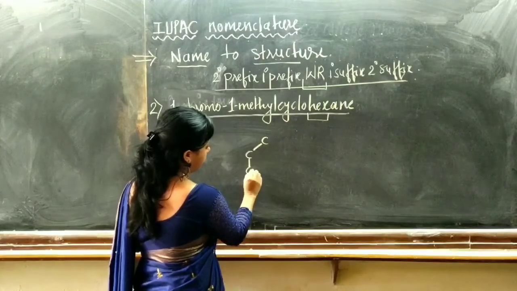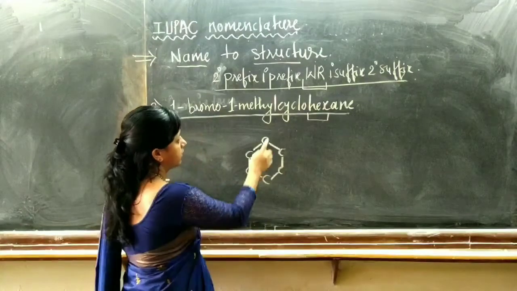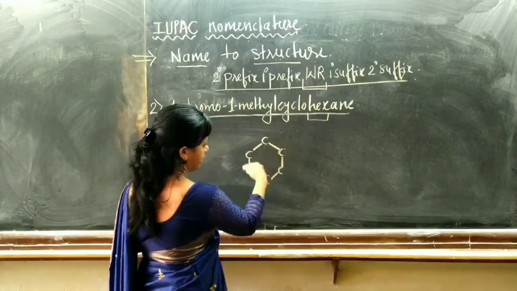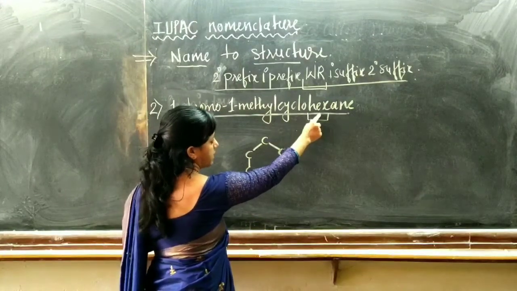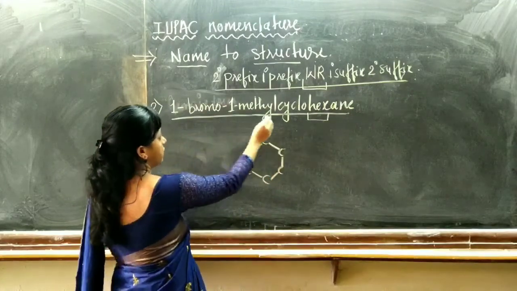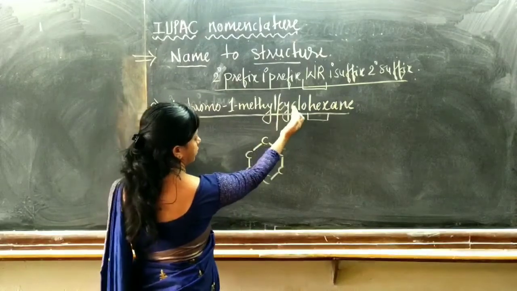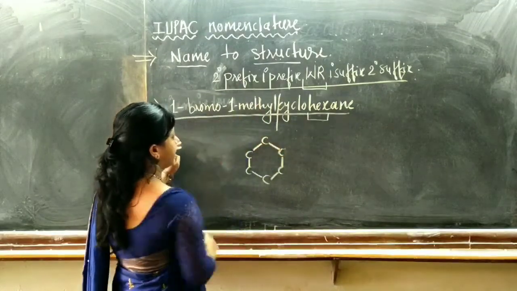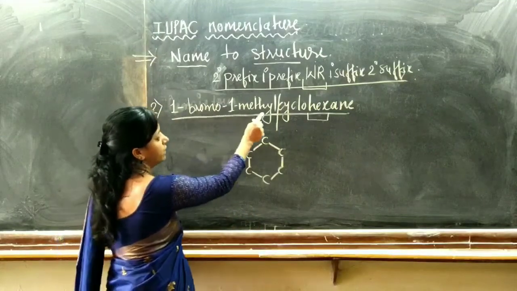First we write the cyclic ring, this cyclohexane with 6 carbons. Now ane means it is a saturated compound. Before the primary prefix comes the secondary prefix, which is 1-bromo 1-methyl.